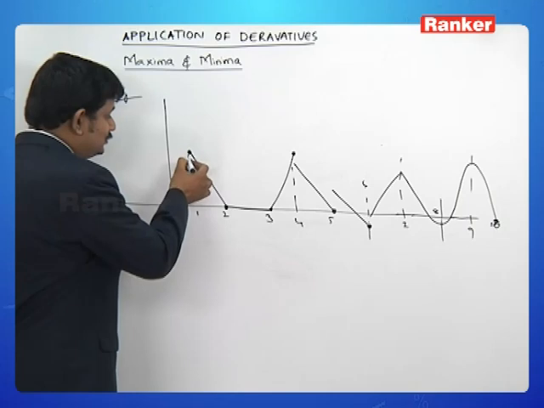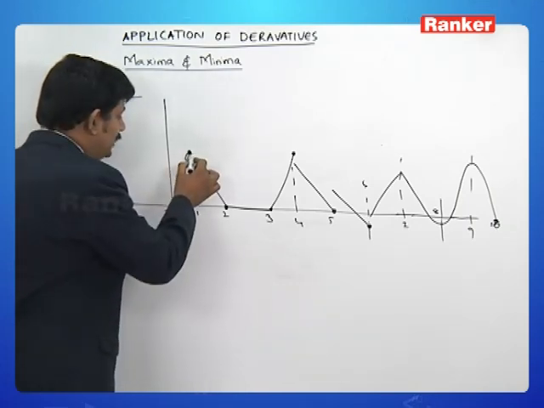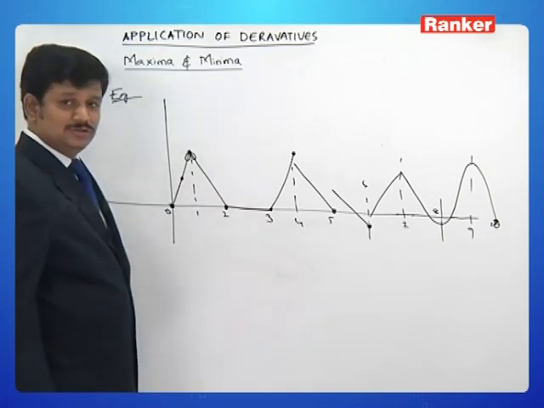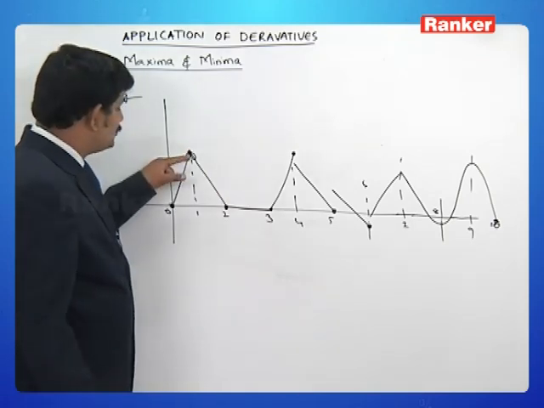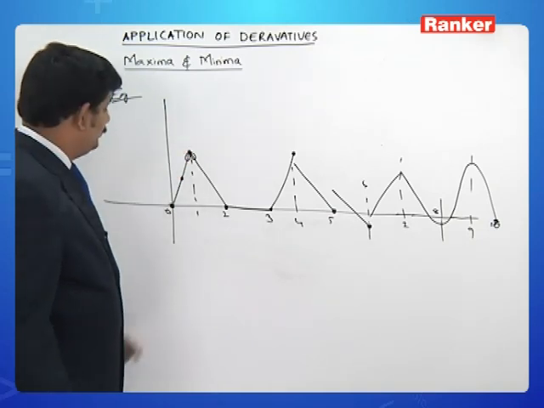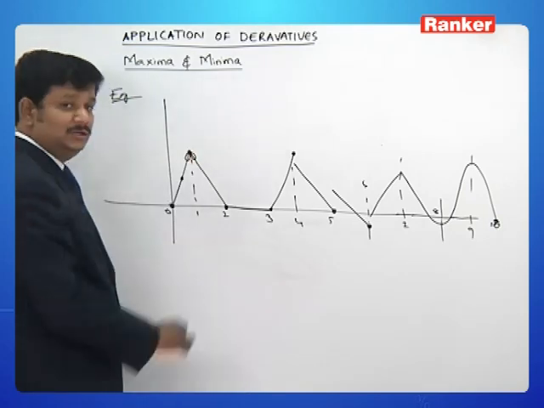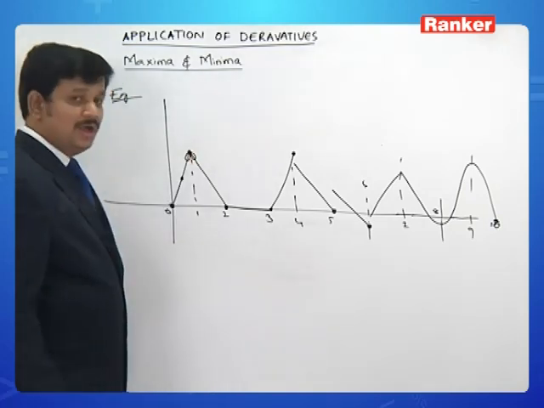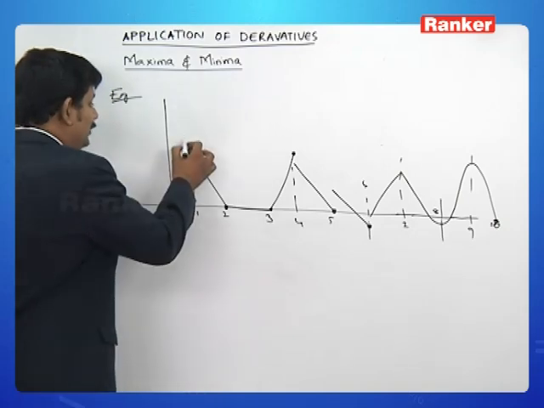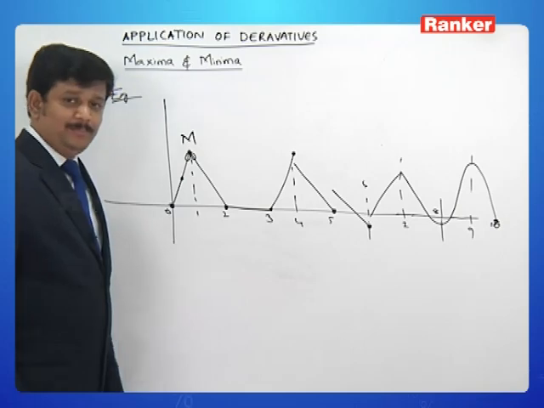F of x values are smaller than f of x naught both in the left neighborhood as well as in the right neighborhood. So f of x naught is more than f of x, or f of x is less than f of x naught in the left as well as right neighborhood, that is in the entire deleted neighborhood. F of x is smaller than f of x naught, so this qualifies to be a local maxima. This point 1 is a local maxima.